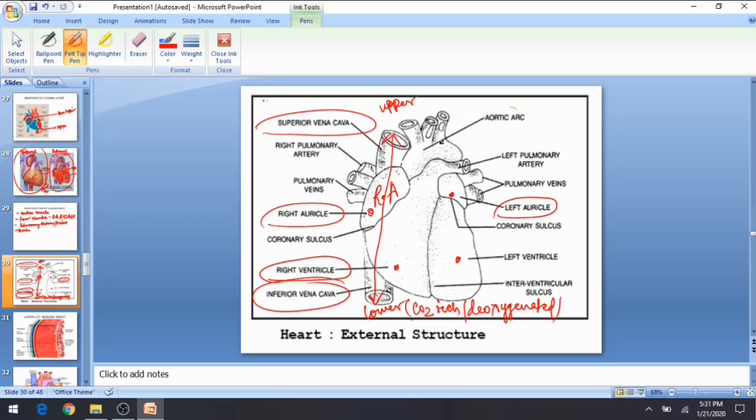Now this area is the aorta, which supplies oxygen rich blood, or oxygenated blood, to different parts of the body. These are the pulmonary veins that bring oxygenated blood from the lungs.